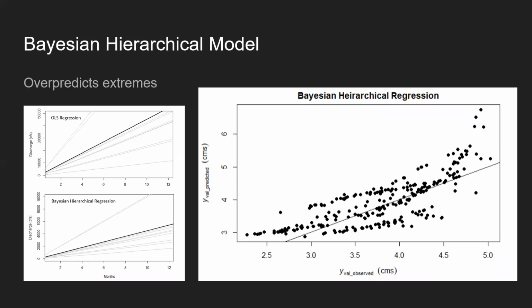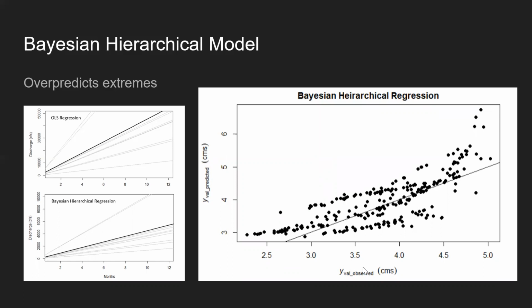So here in the Bayesian hierarchical model, we also see a similar trend like the previous slide, that there are some under and over prediction from the data points that we have. What we're seeing here is the same scale that we previously showed.